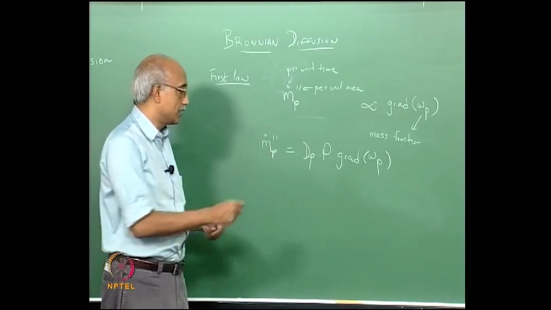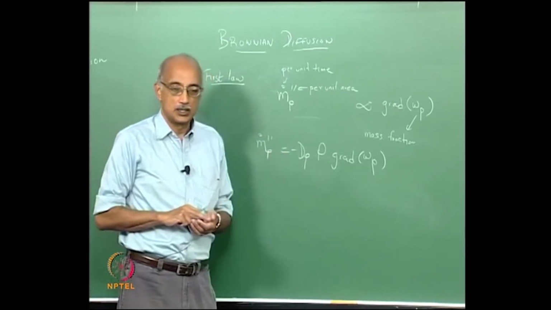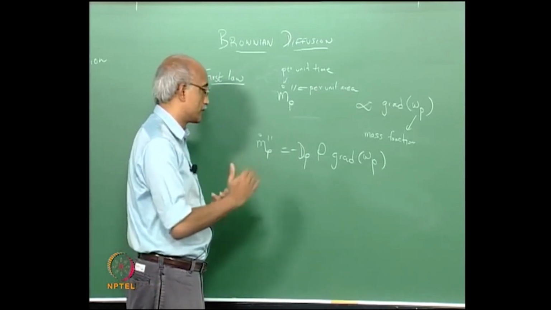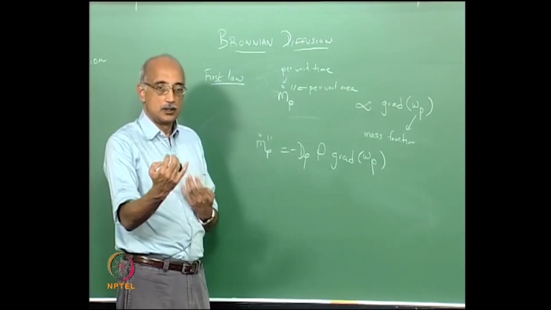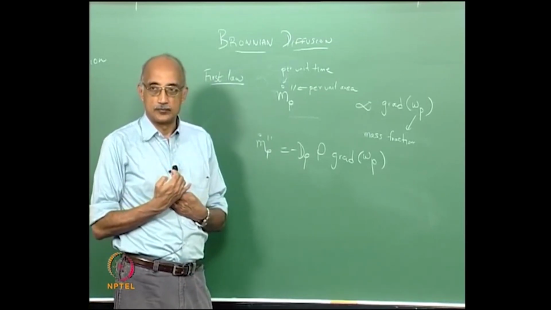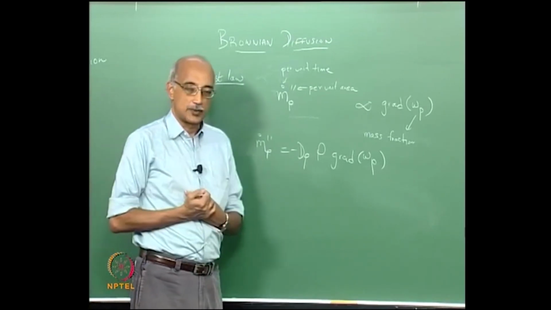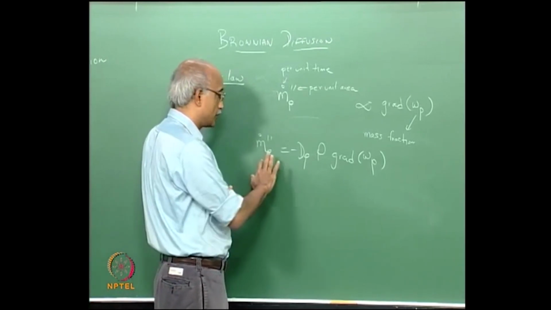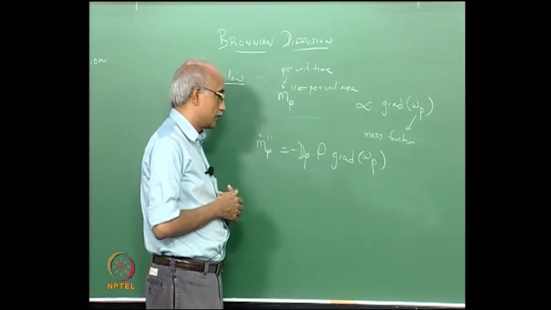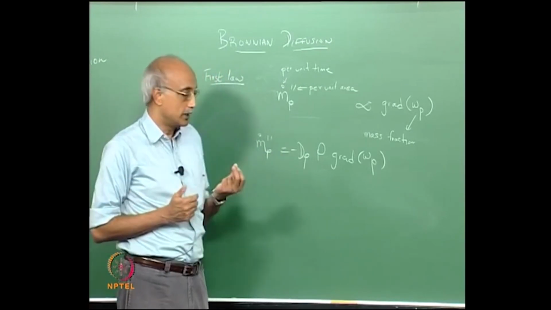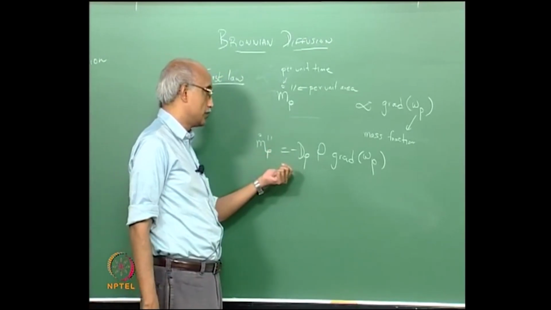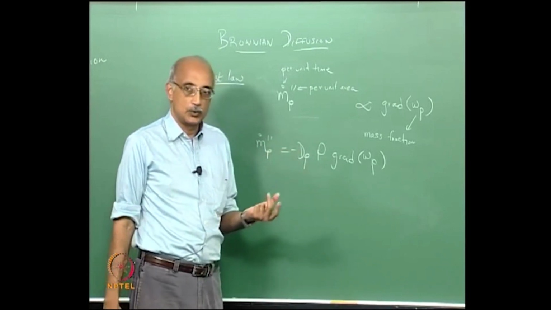By the way, there is usually a negative sign associated with it because diffusion is conventionally regarded as occurring towards the control volume. We will discuss those aspects in more detail later on, but for the time being just look at how particle flux is related to the diffusivity parameter, the density of the fluid, and the gradient in the mass fraction.